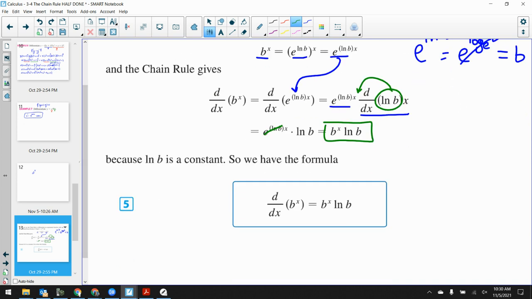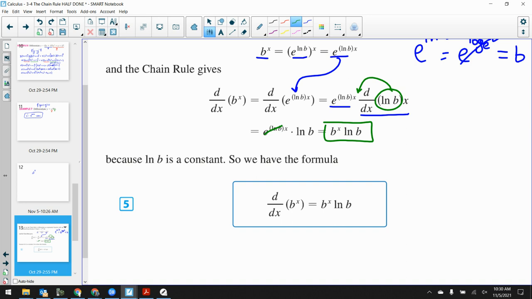All of that just to show that the derivative of any exponential is itself times ln of b. And what is b? b is the base, whatever we choose it to be.